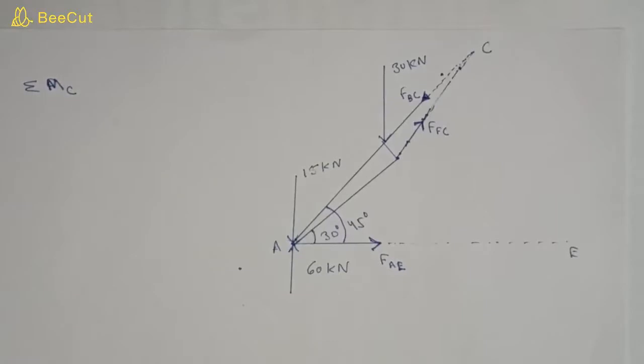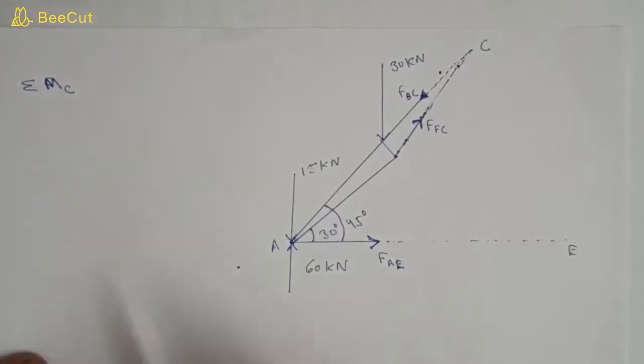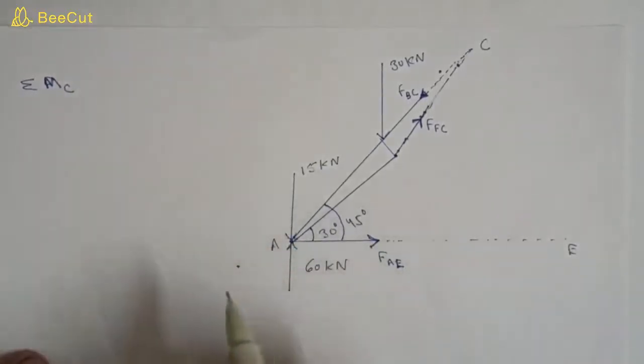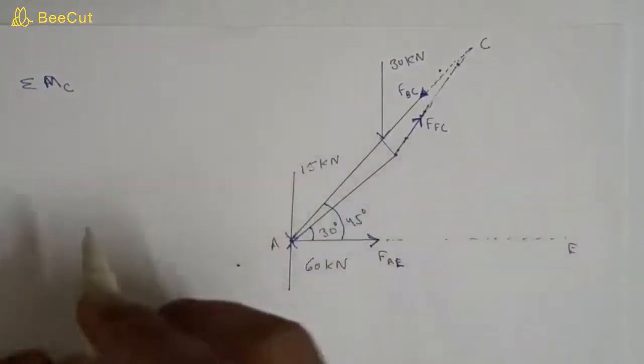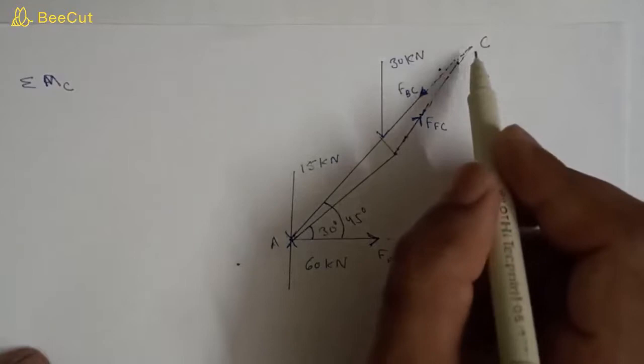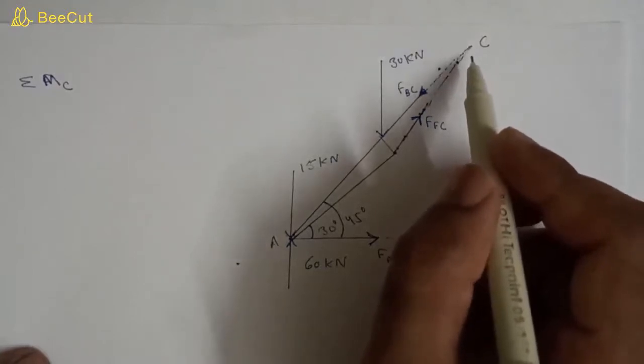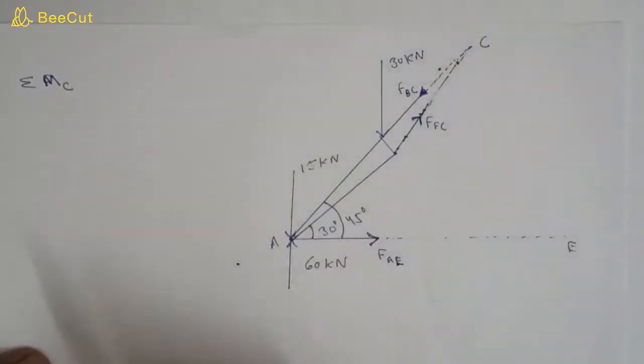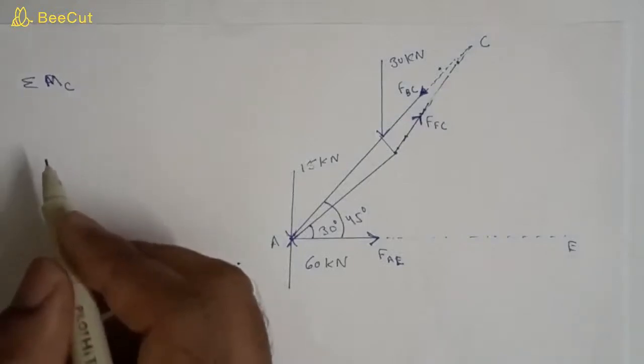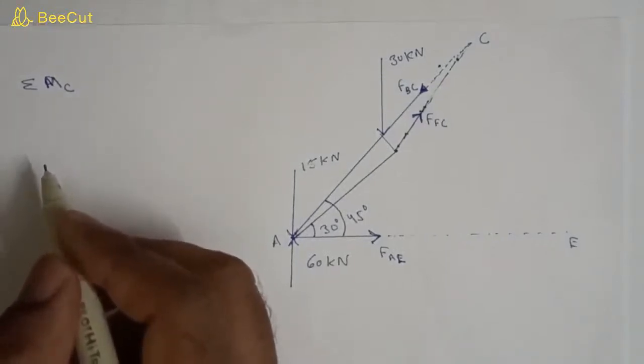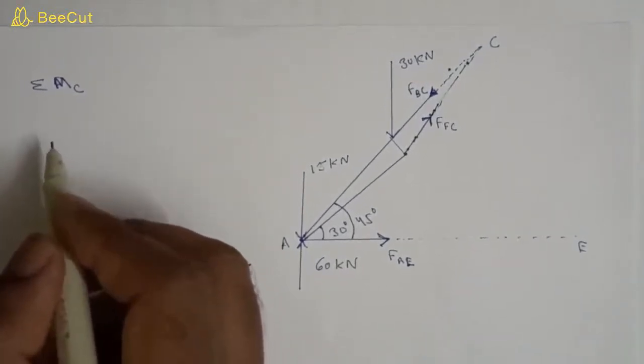So we can take either the right-hand side of the section or the left-hand side, and apply all the equilibrium equations: the sum of all moments about a hinge or pin joint should be 0, the sum of all vertical forces should be 0, and the sum of all horizontal forces should be 0. These are the three equations, so we should apply them.